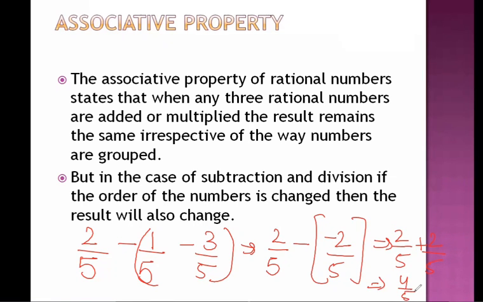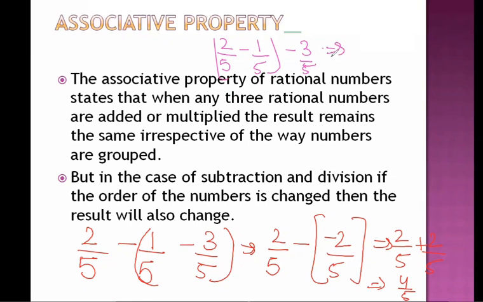But if I change the order of the grouping, let's take another example by changing its group. I'll take 2/5 minus 1/5 as one number in one bracket and minus 3/5 as the other number.